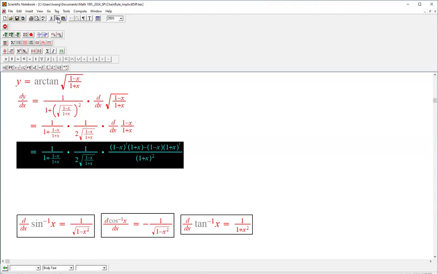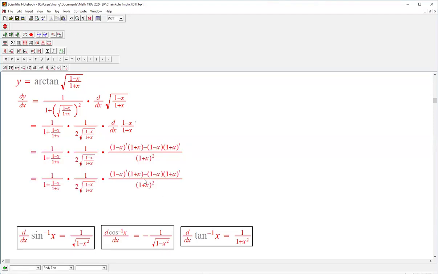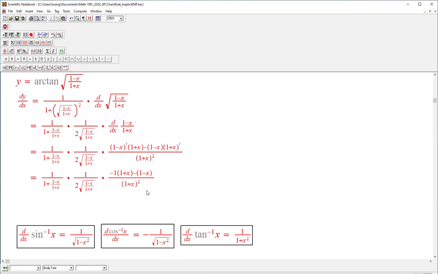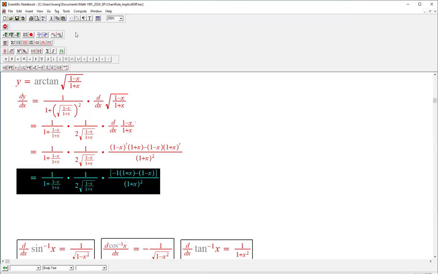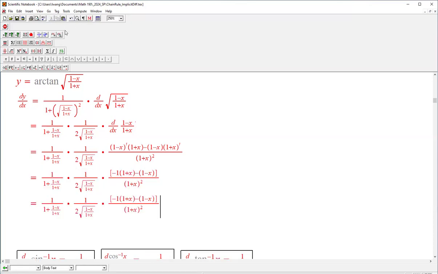Okay, and you can go to this step directly because this is going to be minus 1, and this is going to be plus 1, right? And if you like to put that in the bracket, you could. Not necessary, but I put in a bracket anyway. So next step, we're going to reduce it. Minus 1 plus x, so that's going to be minus 1 minus x, okay?